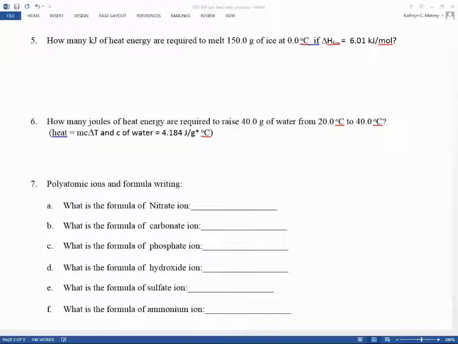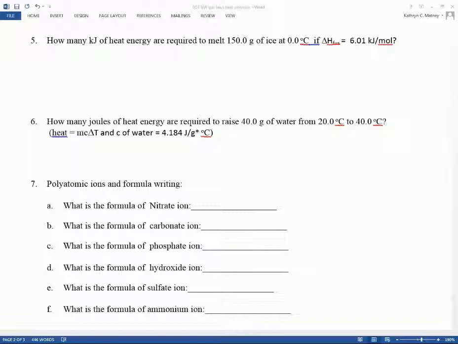So Natalie, what is 150 divided by 18? 8.333. So the number of moles for question 5 is 8.333 moles of H2O.